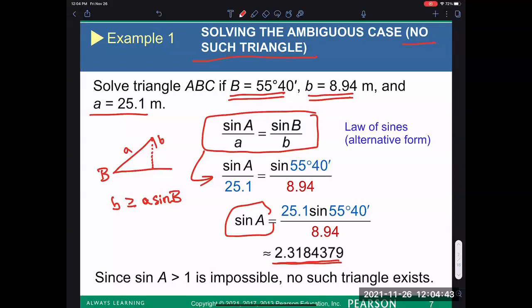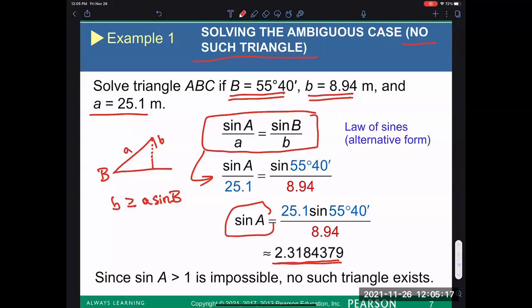But what will happen when no triangle is possible is that the value you get for sine of A can't be achieved with an angle A, in this case because it's larger than 1. As they show here, when you try to use the law of sines, the thing that tells you no triangle is possible is that you get an equation for angle A that has no solution. If sine of A is supposed to be equal to 2 something, there's no angle that will make the sine do that, because the maximum value of sine is 1.